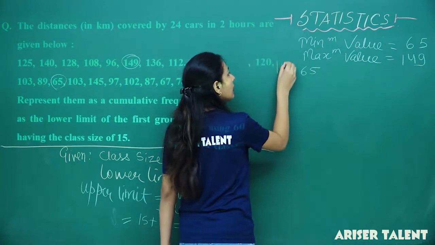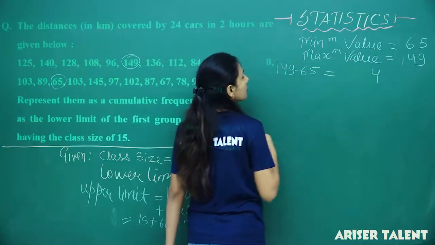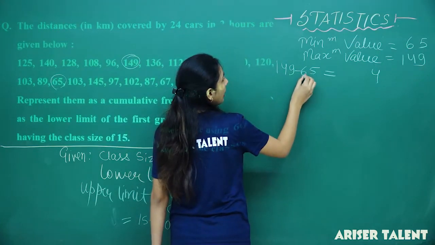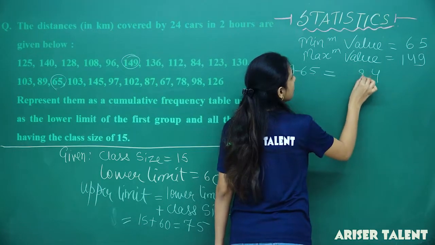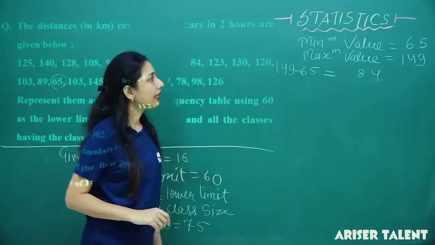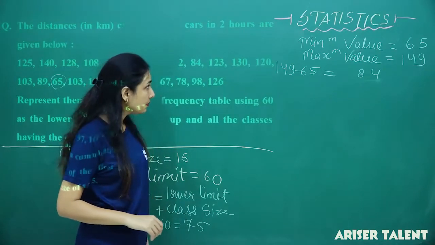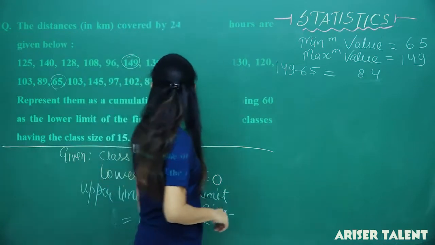to 149. That means you will be having 84. Okay, this 84. Now, how many classes will you have?